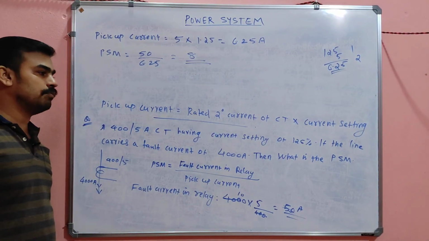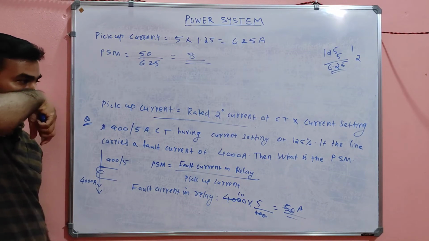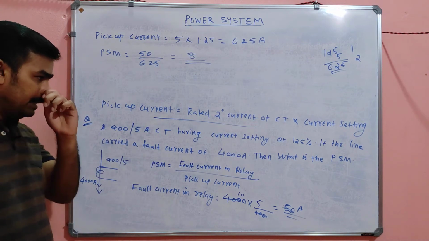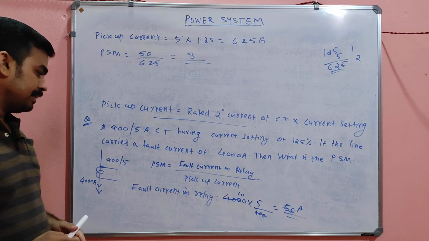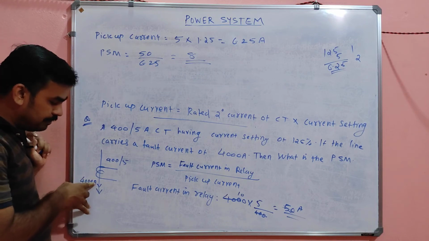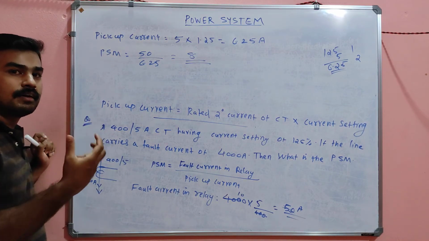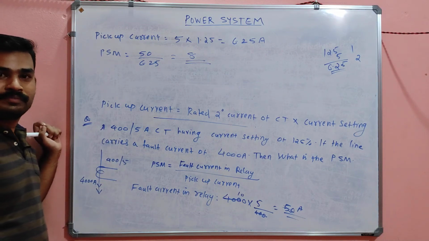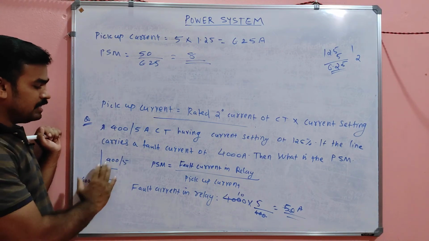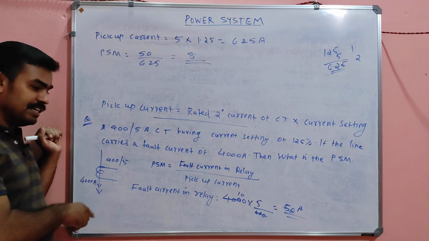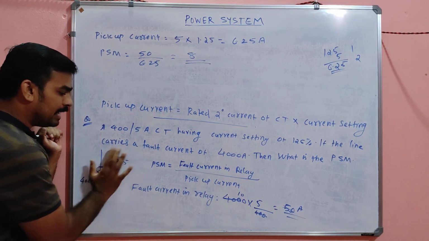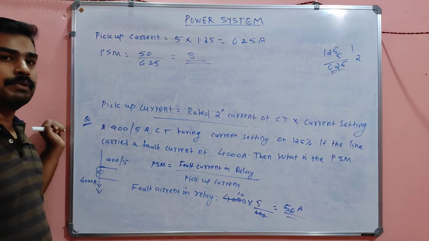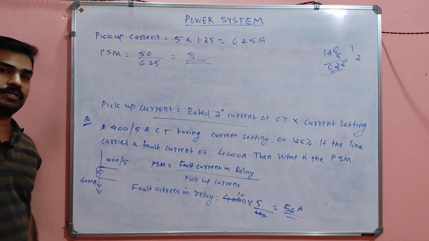When doing previous year questions, the reverse can also happen, my dear. They will give you the plug setting multiplier and ask you to find the line fault current. That question was asked in the inspectorate exam. Normally we do these things, but they asked the reverse. They gave all the parameters and asked for the fault current. That was the beauty of the question.